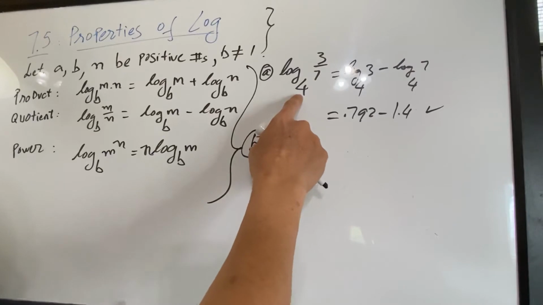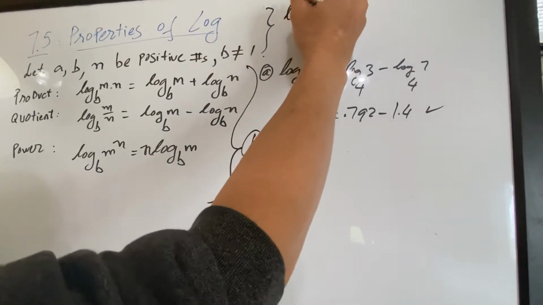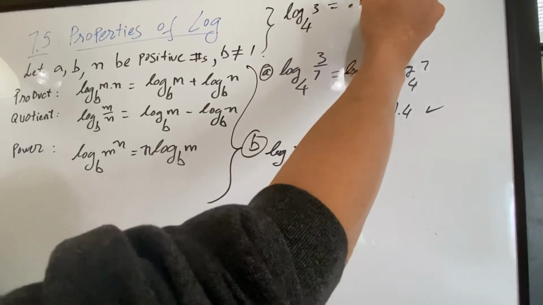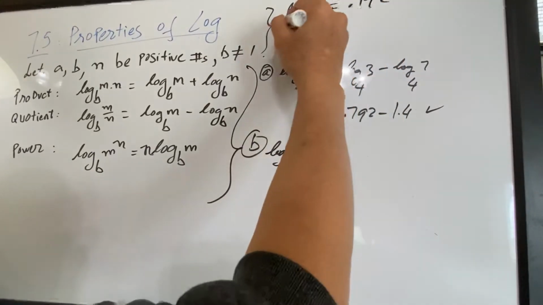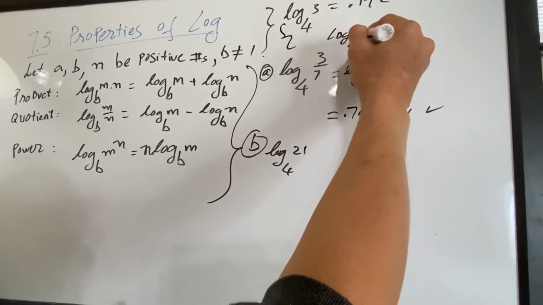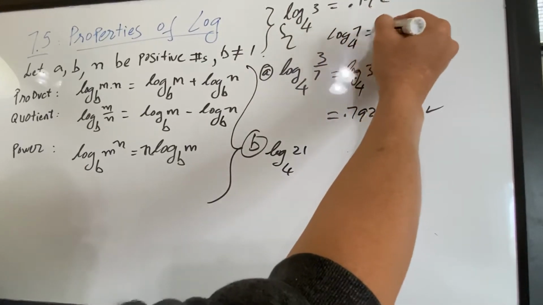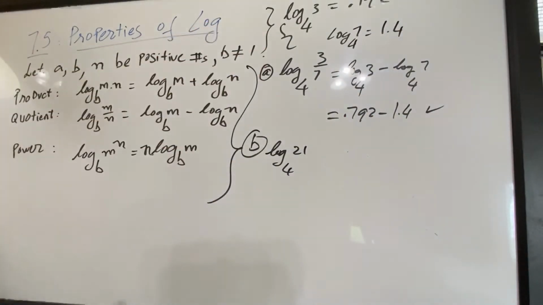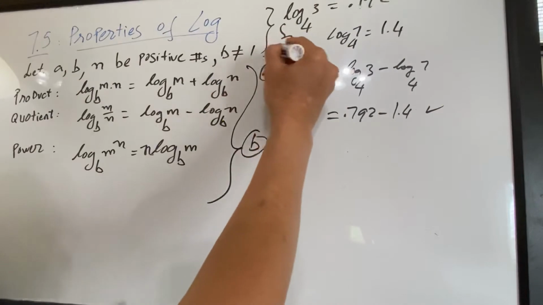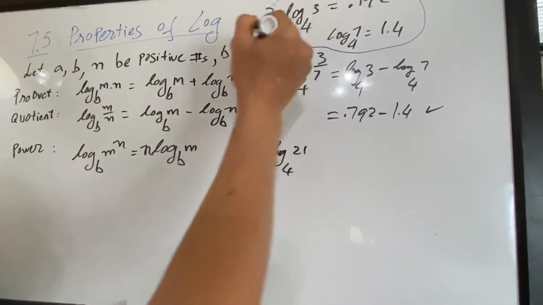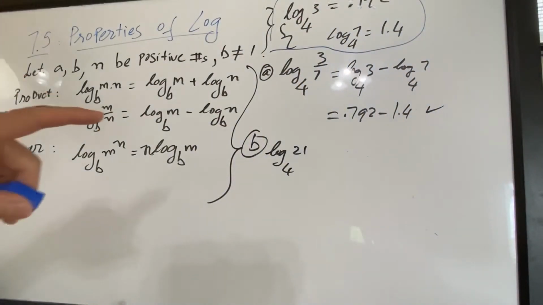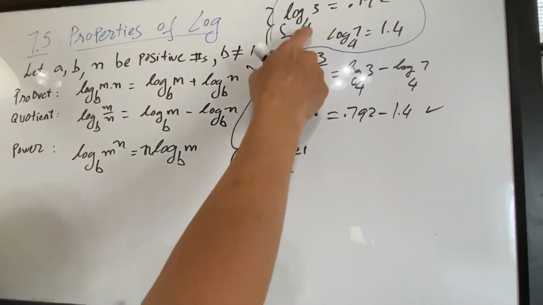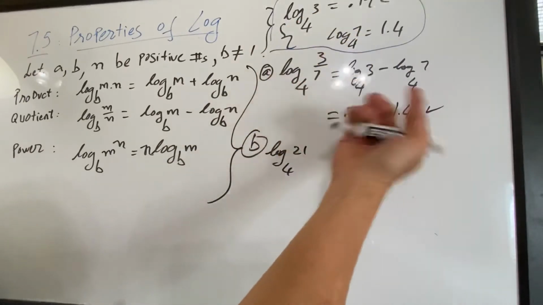But in some specific problems, they already provide you log base 4 of 3 is 0.792. And then they provide you another value, log base 4 of 7, and that is 1.4. So by giving you these two values right here, you can just go ahead and convert the m and n into these values, 3 and 7, so you can have the values right away.